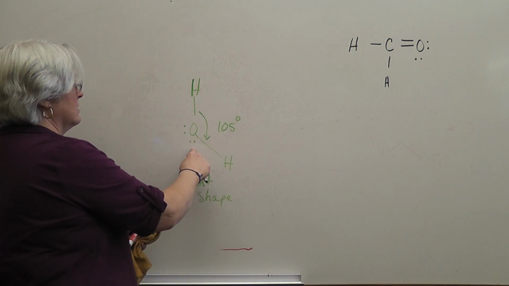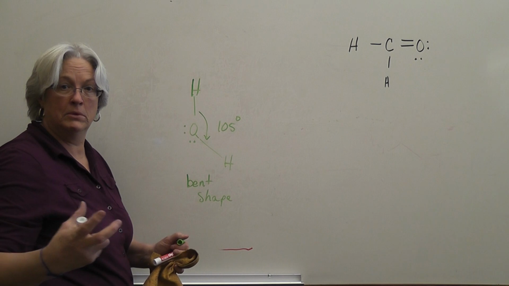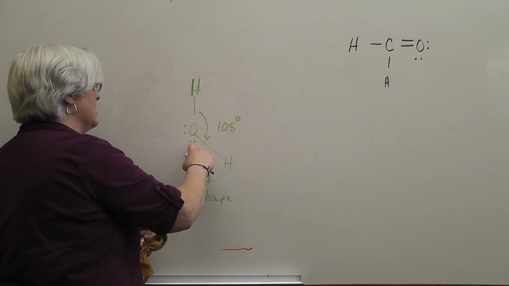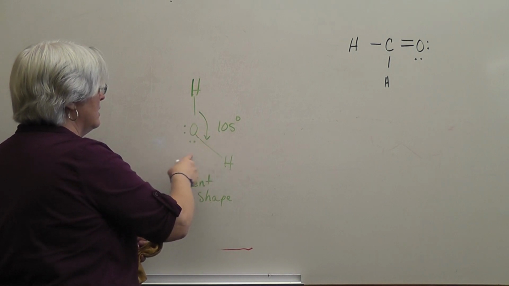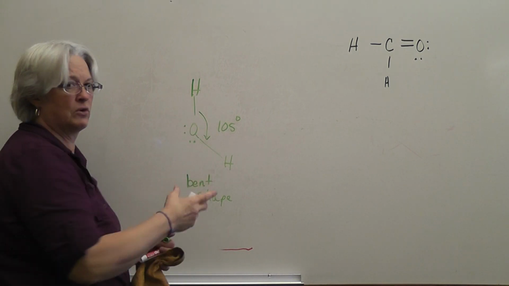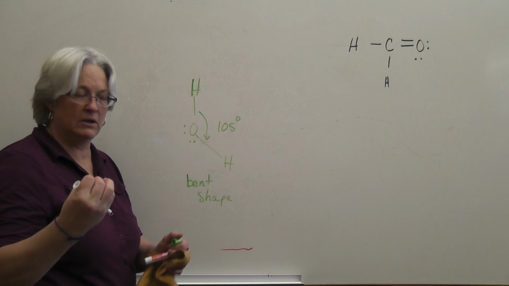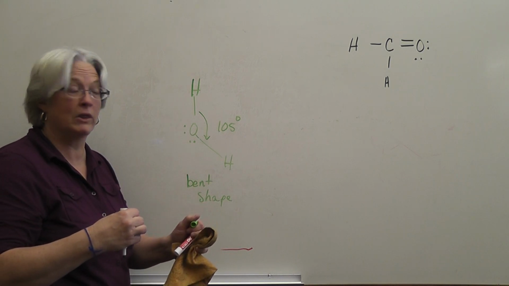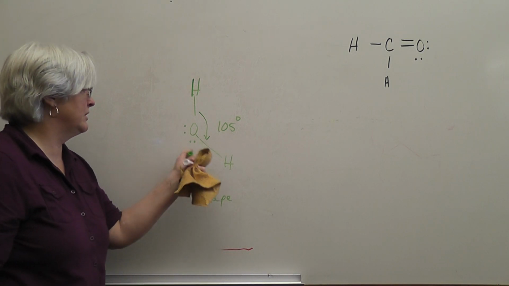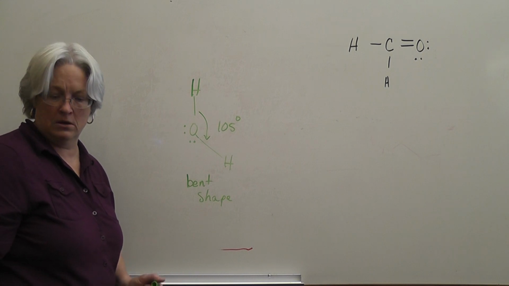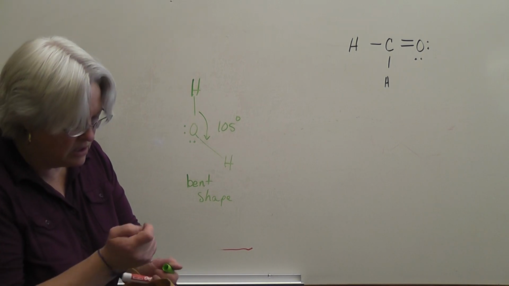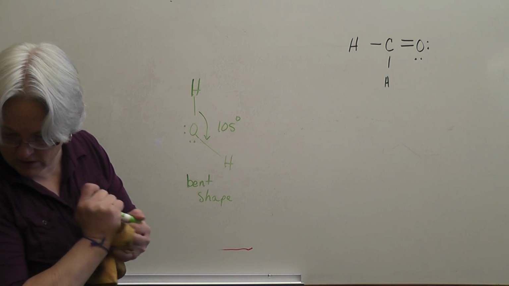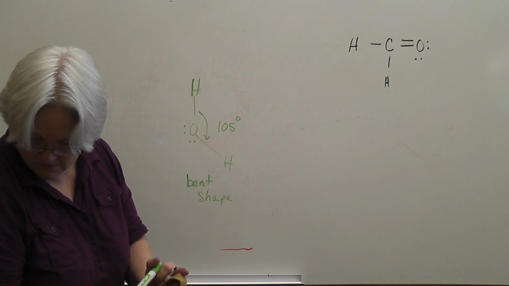Once again, though, the central atom, oxygen, has 4 pairs of electrons around it. 1, 2, 3, 4. 2 of those pairs, however, are non-bonding. They're not bonding together with another atom. So, we have covered 3 different types of frameworks.